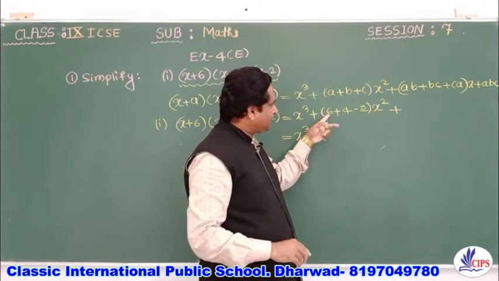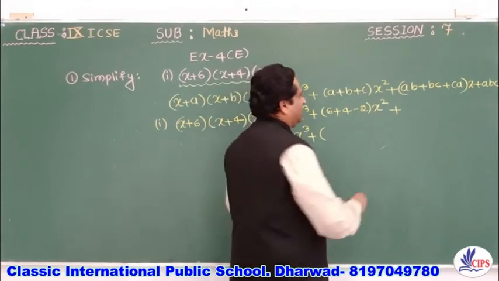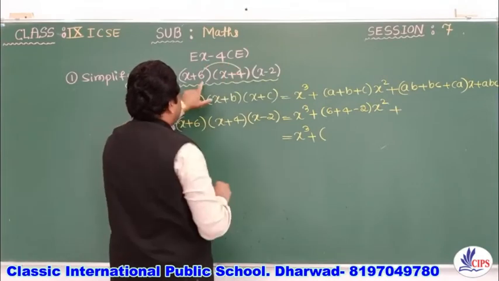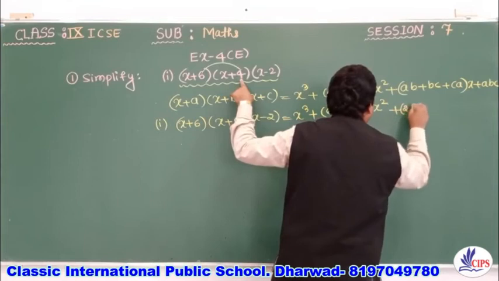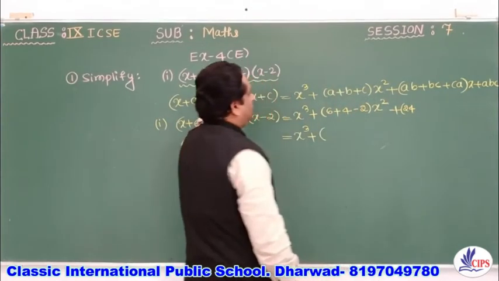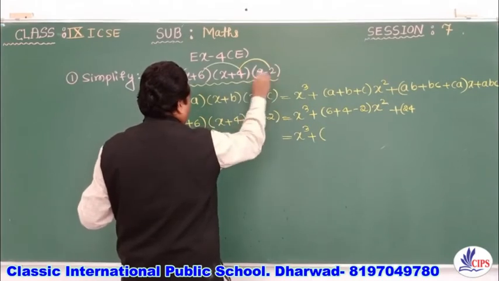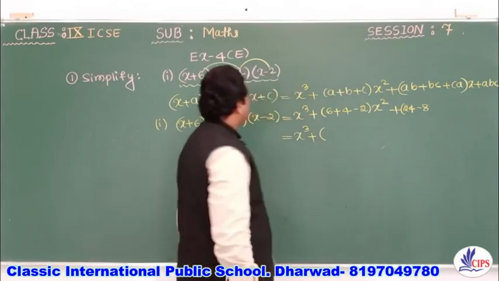Here a is 6, b is 4, c is minus 2 into x square. Then ab. ab means you have to multiply 6 and 4. 6 fours are how much? 24. Then bc, that is 4 into minus 2. 4 into minus 2 how much is it? Minus 8.